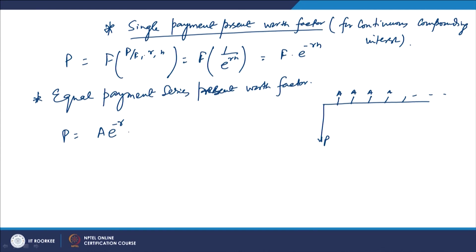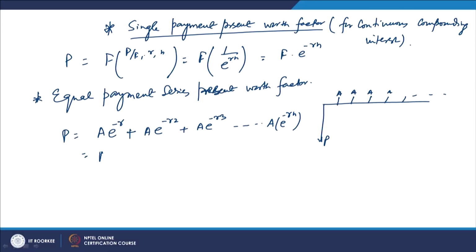Its reciprocal will be e raised to the power minus r. So, this A will have e minus r. Similarly, for the next A it will be e minus 2r, then e minus 3r, and so on. You have n payments, so e raised to the power minus r n. That is how it goes.